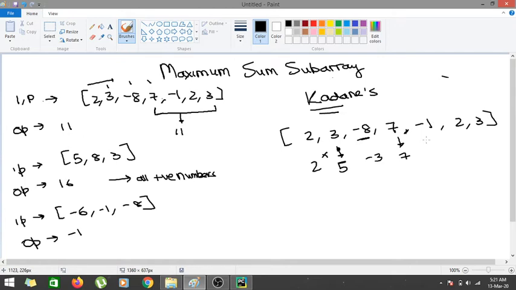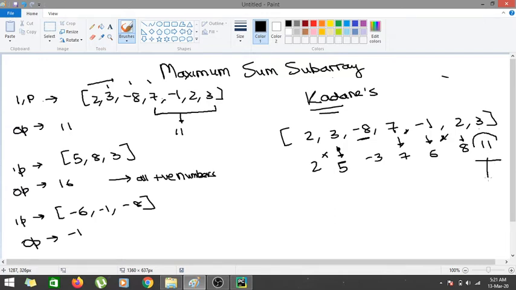And for minus 1, since minus 1 would be less, I would be considering 7 minus 1, that is 6. 2 is a positive number. 2 plus 6 would be giving me 8, so I would be getting the maximum ending value as 8 here. And 3 individually is 3, and 8 plus 3 gives me 11. So the maximum ending value is 11 in this case.